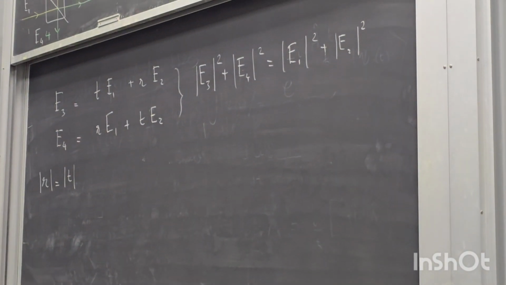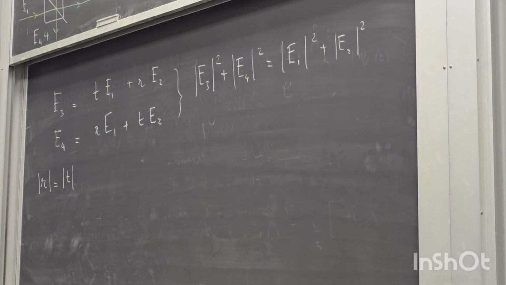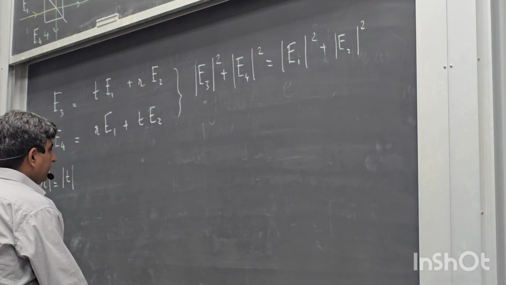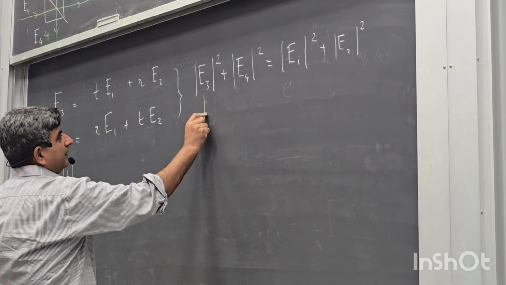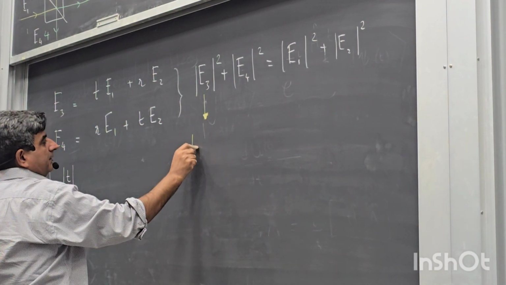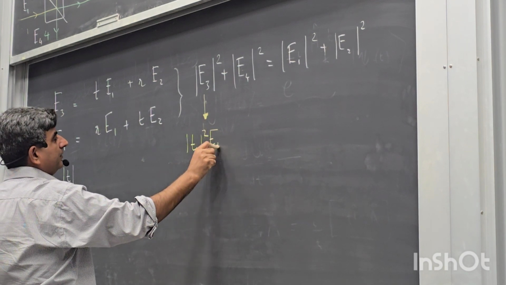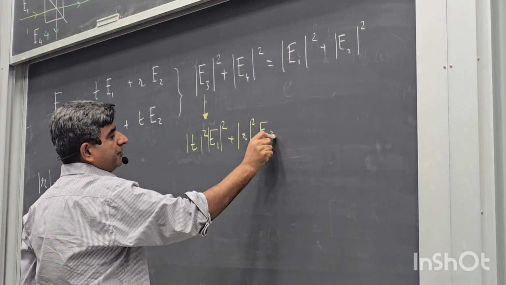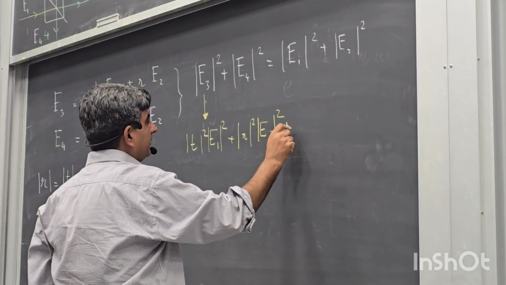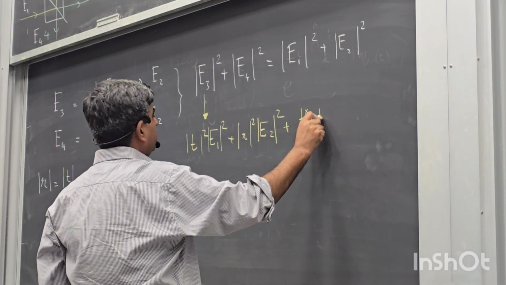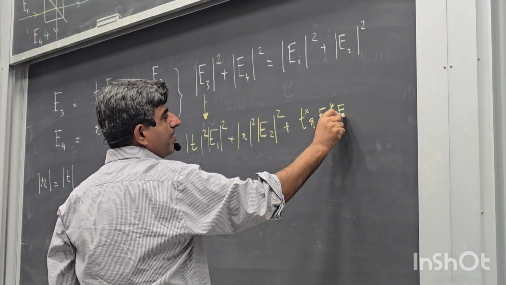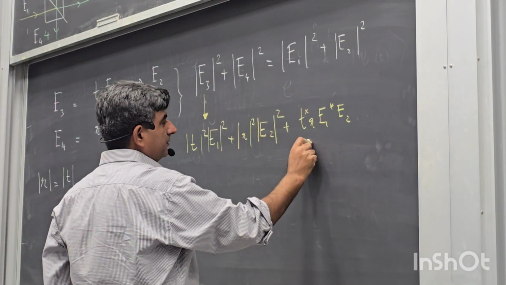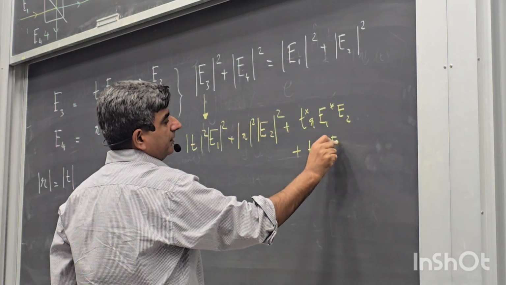Now if I look at the left hand side over here, |E3|² is |T|²|E1|² plus |R|²|E2|² plus T* R E1* E2 plus T R* E1 E2*.